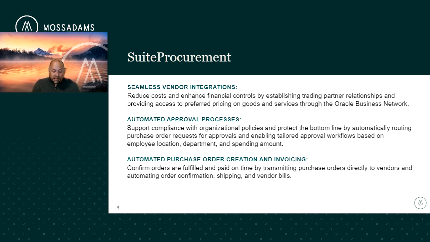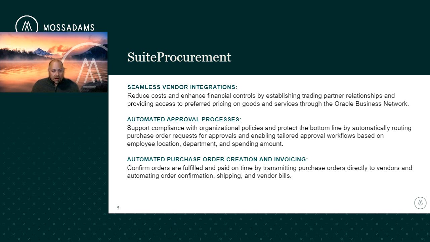And then, of course, we can take advantage of the strong approval workflow engine that NetSuite already has, making sure that we are staying in compliance with organizational policies, making sure that those purchase requests and approvals can be routed to the proper people, location, department, and taking advantage of the tier spending limit functionality that NetSuite has already.